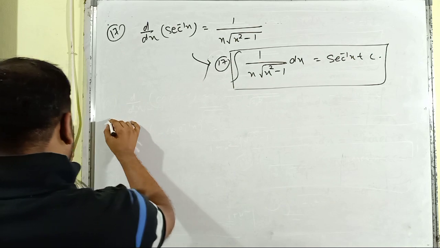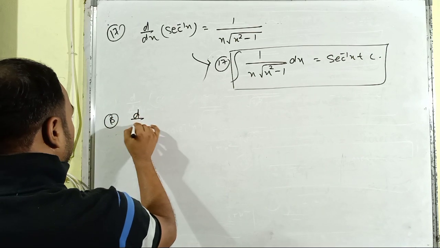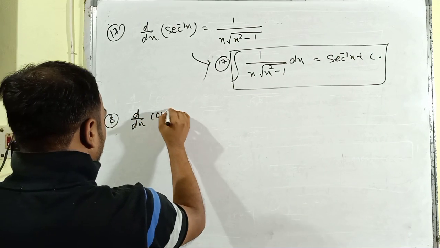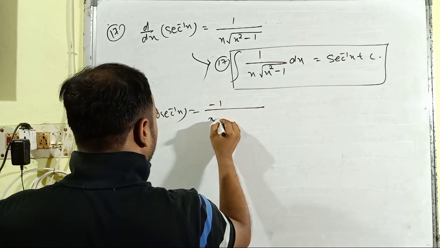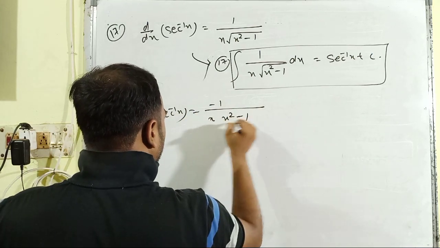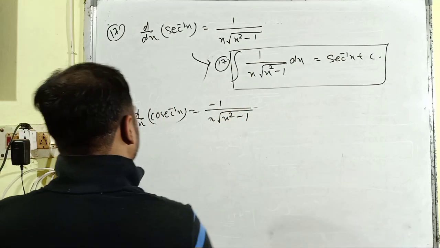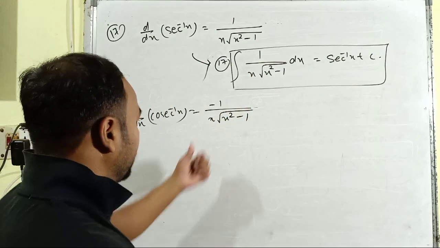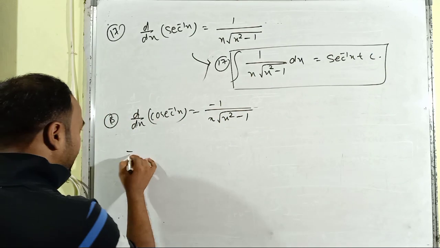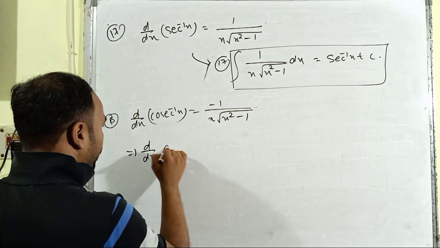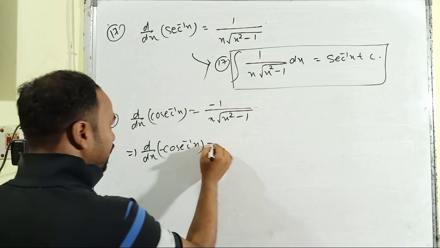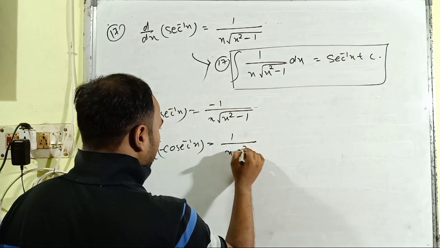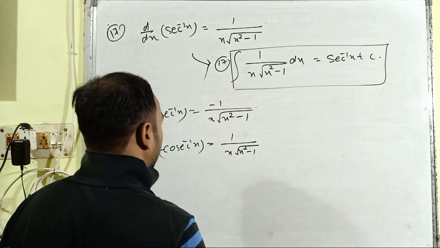Then moving towards the 18th formula, differentiation of cosec inverse x, and it is minus 1 upon x multiplied with the square root of x square minus 1. Then just shifting this negative term towards the left hand side, we have differentiation of minus cosec inverse x, and it is 1 upon x multiplied with the square root of x square minus 1.